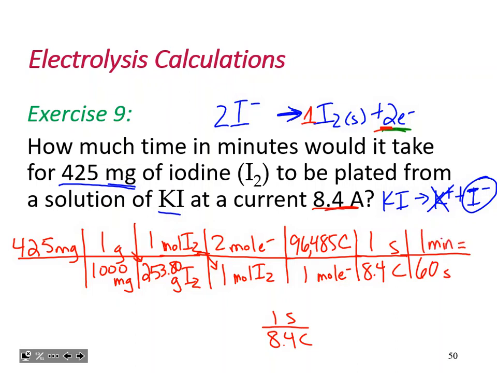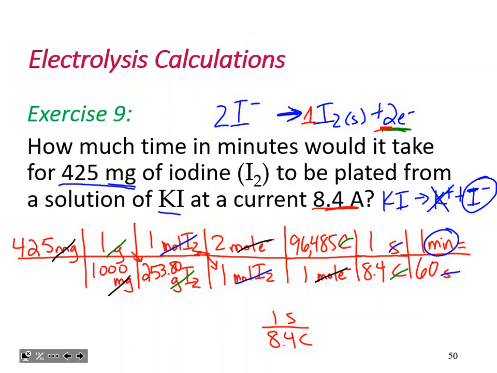Long chart. Milligrams cancel with milligrams. Grams cancel with grams. Moles of I2, moles of I2. It's a good process. Moles of electrons. Check and make sure everything works. Coulombs with coulombs and seconds with seconds. And we're left with minutes, which is what we want.